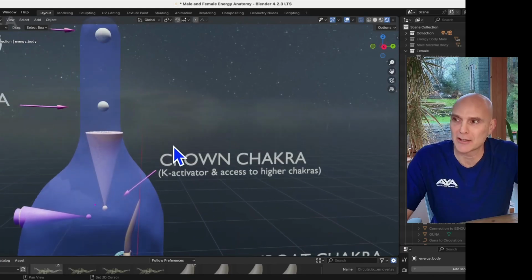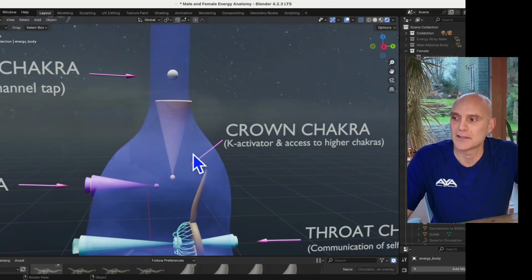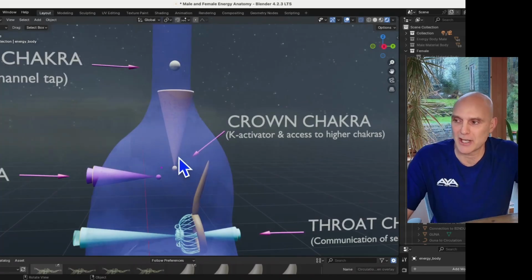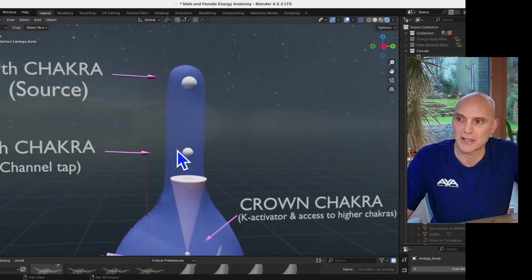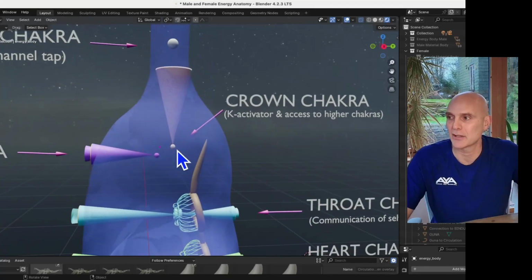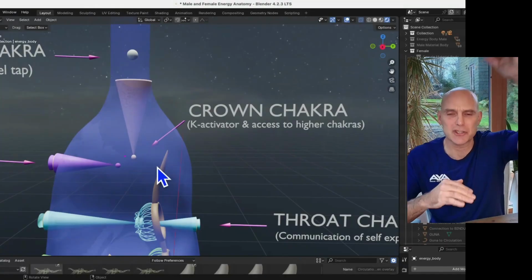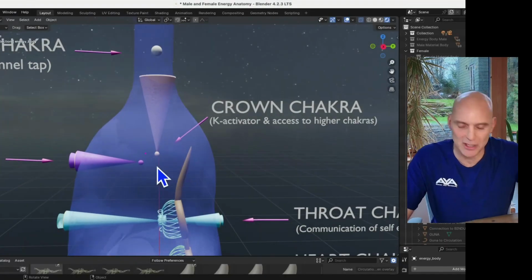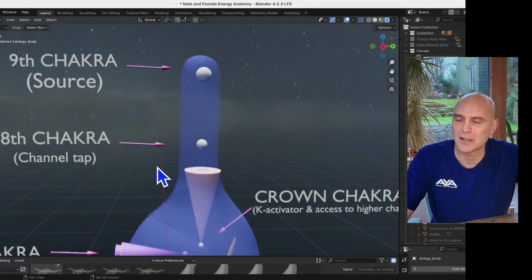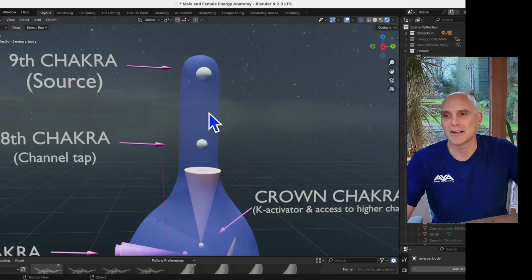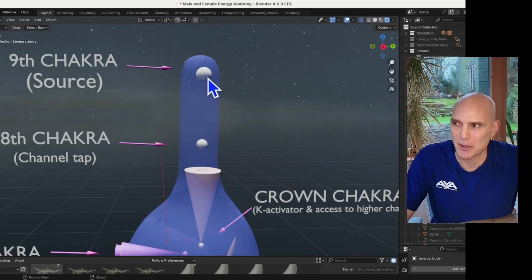Now, generally speaking, a lot of people consider the brow chakra, crown chakra, and the two chakras up there to be the higher chakras. But really, the crown chakra is a link to the two chakras above, because the two chakras above are the link to the source of the universe. That's why these chakras exist. They're part of the Kundalini system.